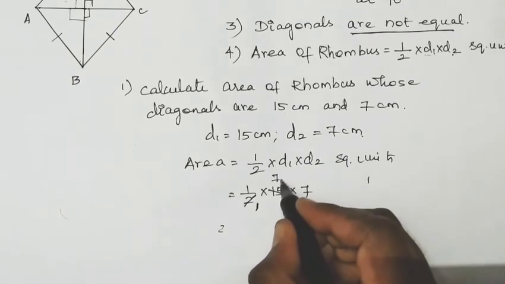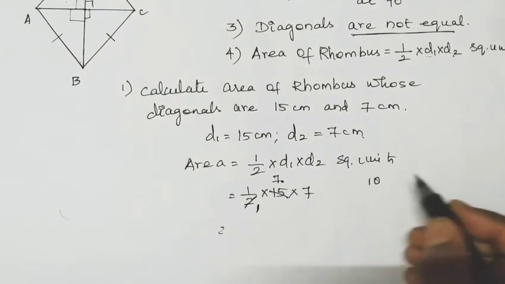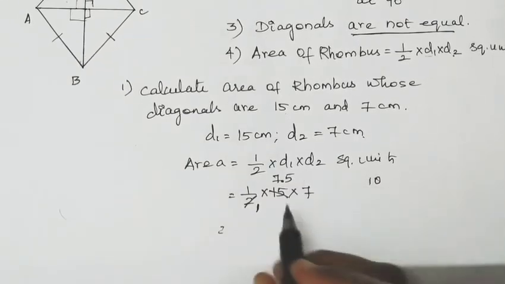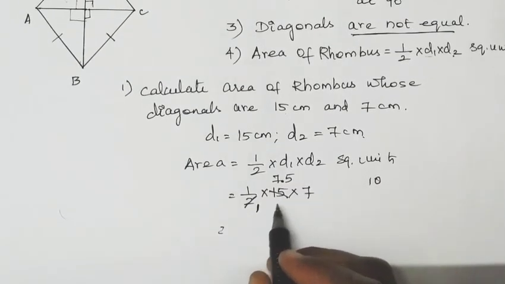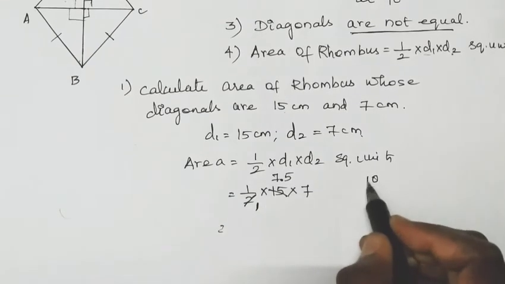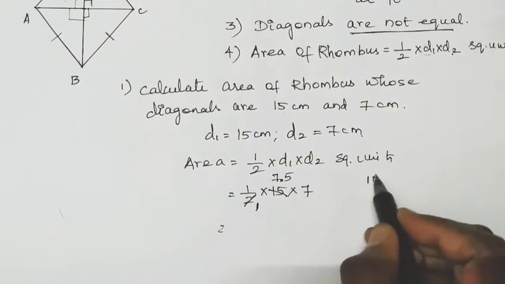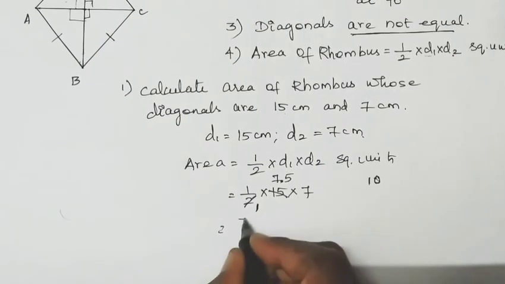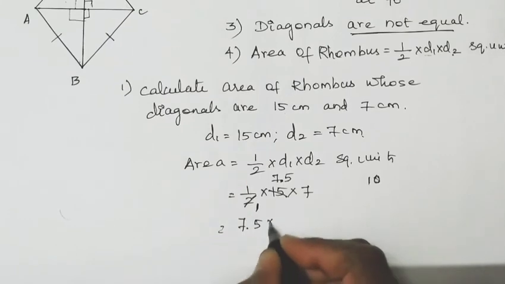So keep a decimal point, add 0. It becomes 10. So 2 fives are 10. So it is 7.5 into 7.